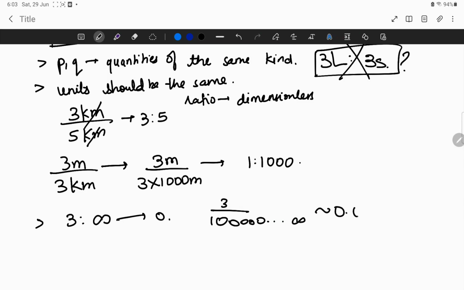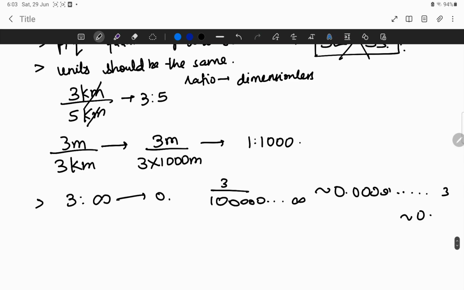It would almost be 0.0000 with many decimals, and then a 3. That is essentially equal to 0, and hence they need to be of a significant order of terms. They need to be 3 is to 5 or something similar, like 3 is to 50, 3 is to 1000, but it cannot be 3 is to infinity.